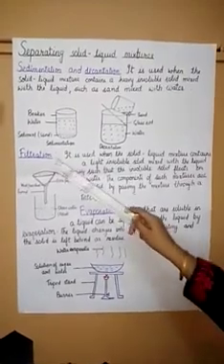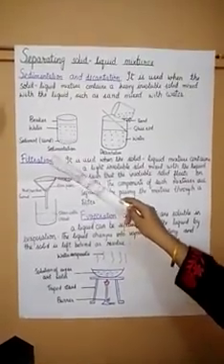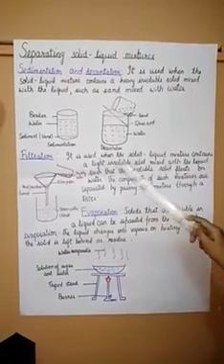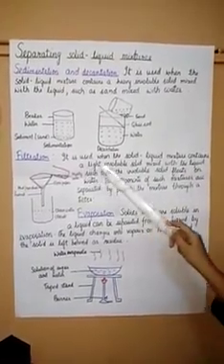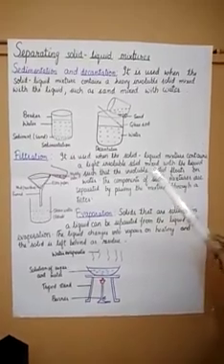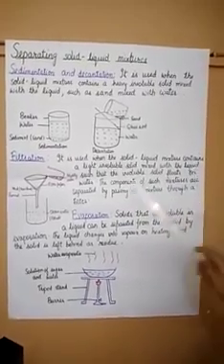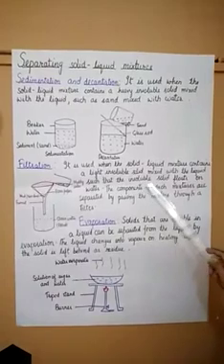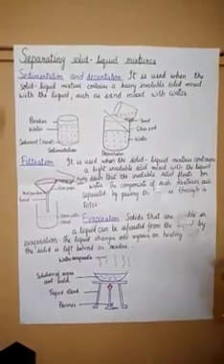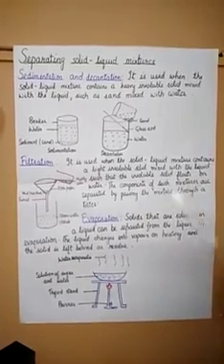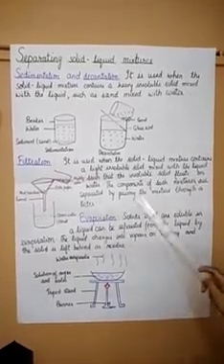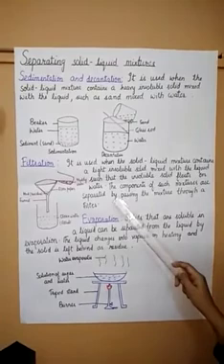The next method is filtration. It is used when the solid liquid mixture contains a light insoluble solid mixed with the liquid, such that the insoluble solid floats on water. The components of such mixtures are separated by passing the mixture through a filter.